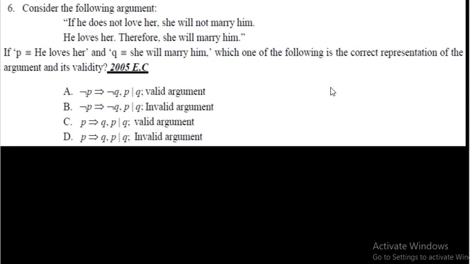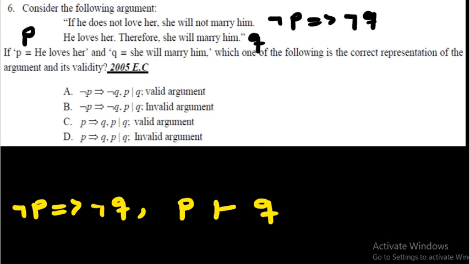The next question, consider the following argument. It says, if he doesn't love her, she will not marry him. He loves her, therefore she will marry him. So as a proposition representation, you can take P, he loves her, and Q, she will marry him. Then which one of the following is the correct representation of the argument and its validity, it says. So we have two premises.